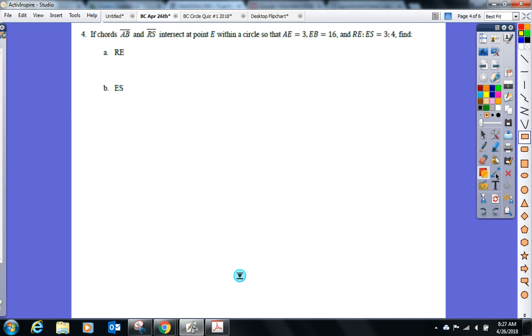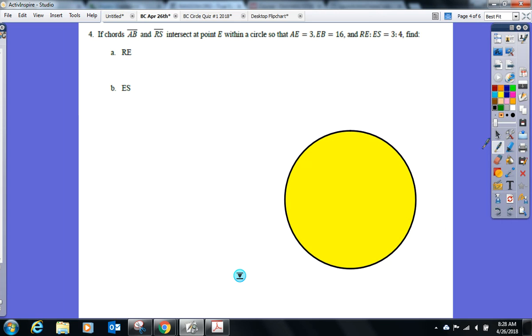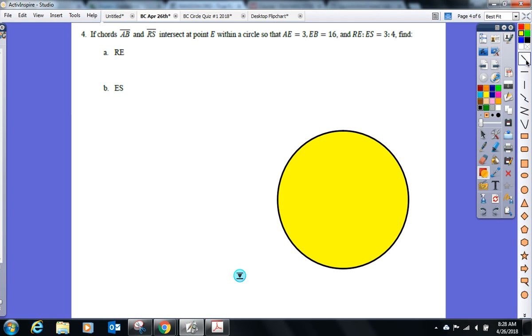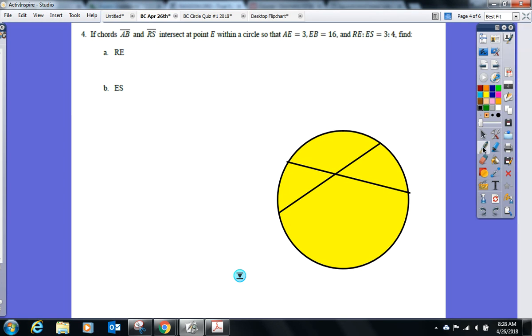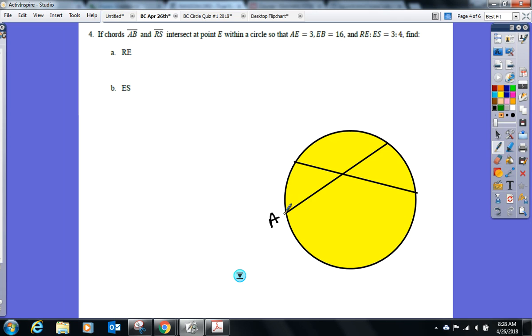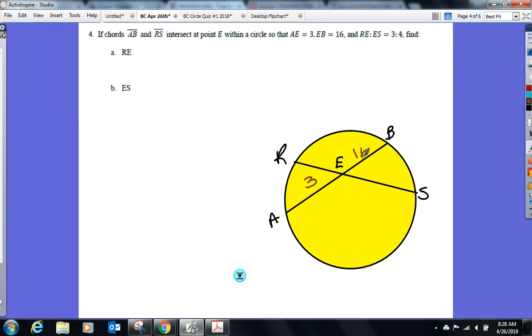Oh, no diagram. Looks like we're going to have to draw our own, huh, kids? I have chords AB and RS intersecting at point E. Go ahead, it doesn't matter how it looks. Just draw 2 chords, AB, RS, intersecting at E. Ooh, hey, what do you guys put in at RE and ES?